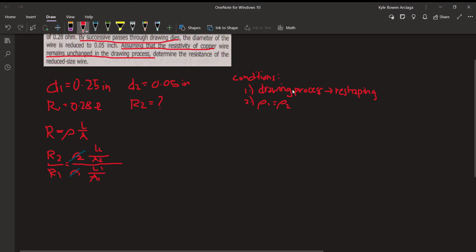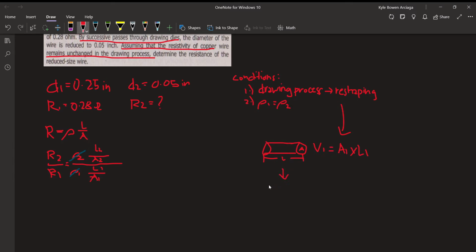But since it was stated here that drawing process means reshaping, when we have this conductor having a cross-sectional area and a length, the volume of this cylindrical conductor will be V1 equals area 1 times length 1.